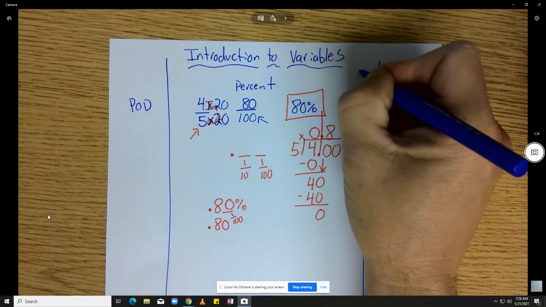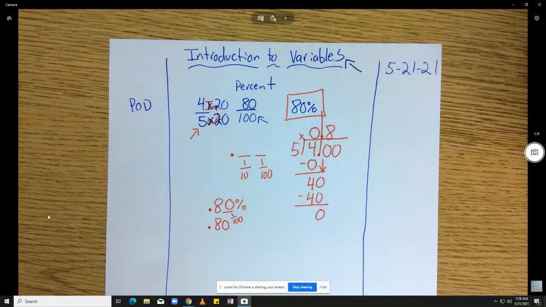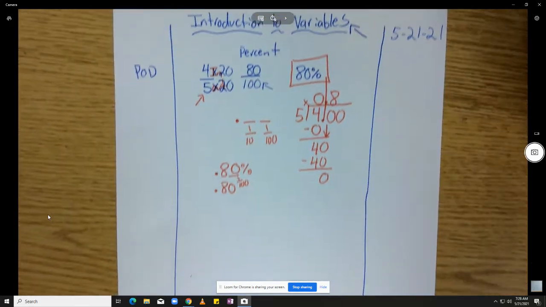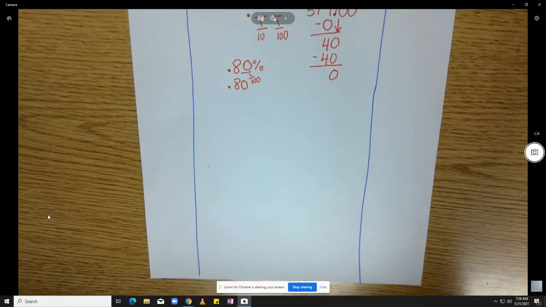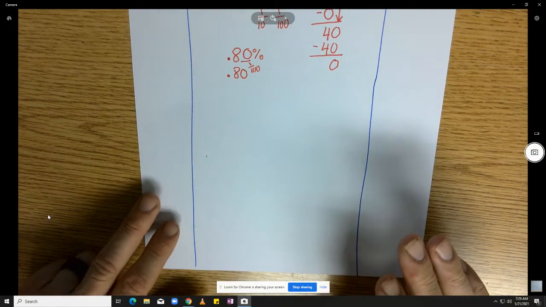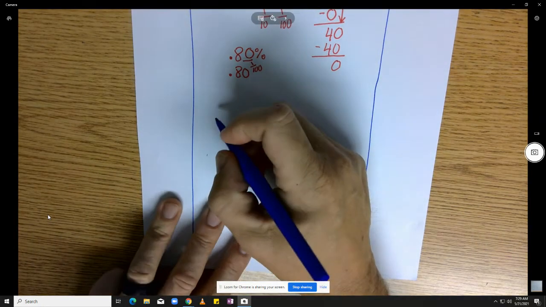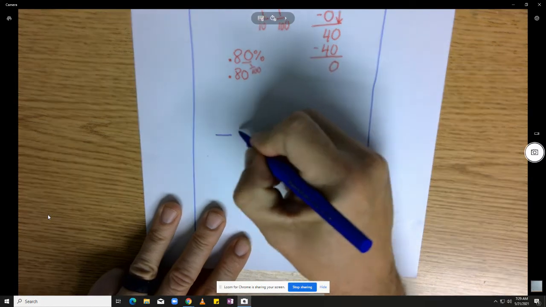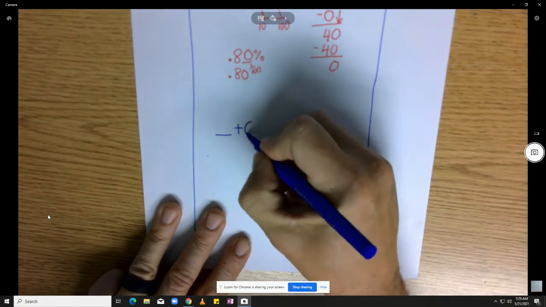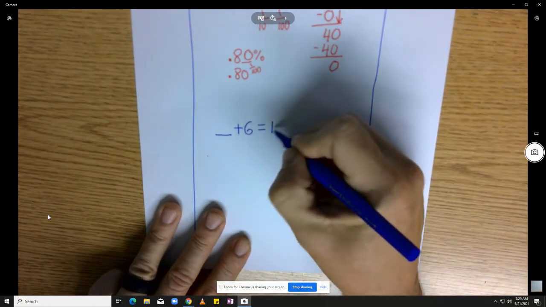This word is also a word that is used in science, a variable, but in math it's a little bit different. Okay. So, 5th graders, everybody write this. Let's write blank plus 6 equals 10.